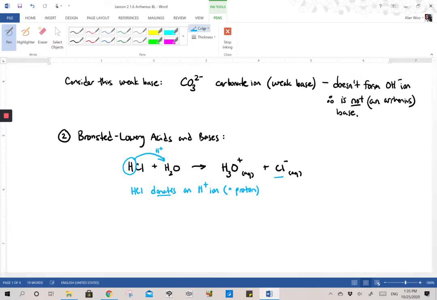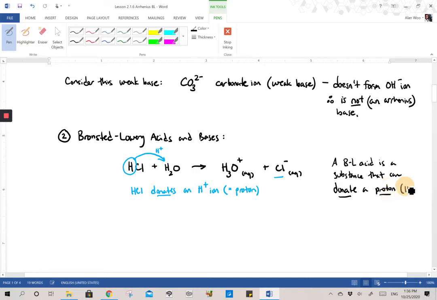So basically what Bronsted and Lowry are saying is that a Bronsted-Lowry acid is a substance that can donate a proton, which is your H+ ion.